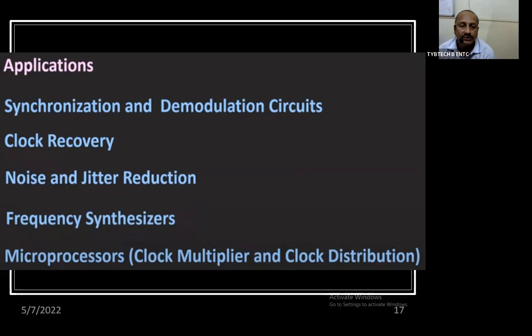If you set the VCO frequency at 50 hertz, then whatever signal comes at the input, it may be 52, with variation up to 55 hertz or 45 hertz, it will minimize that, and the phase difference will be kept constant. This is how we can recover the clock by using the PLL concept.